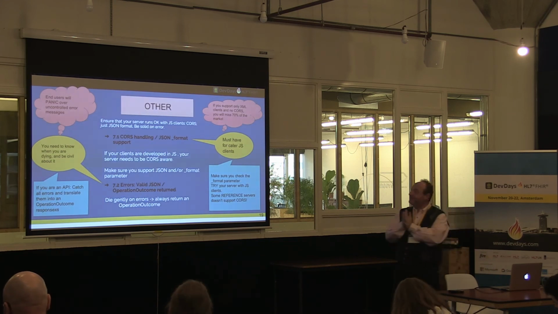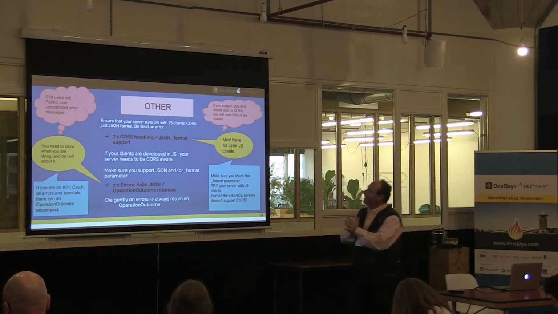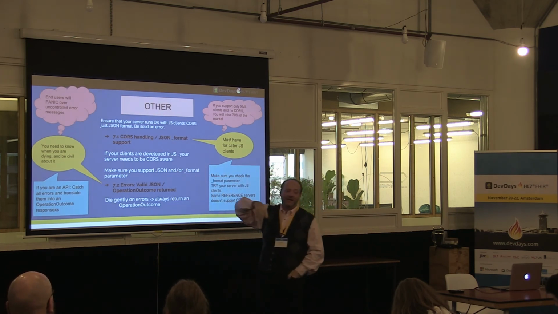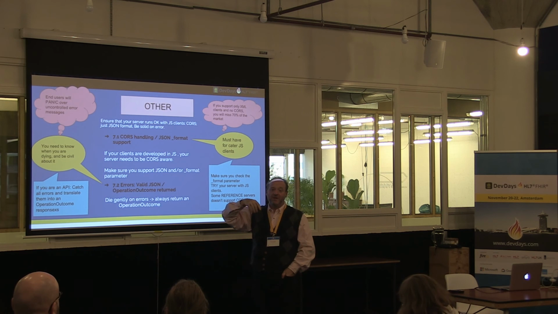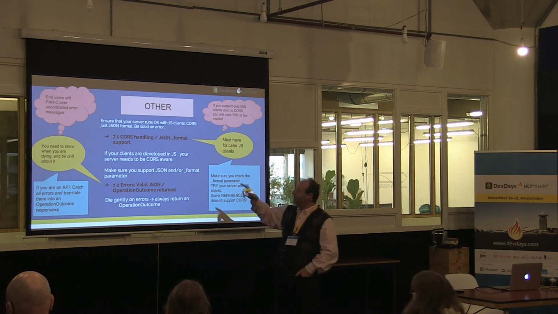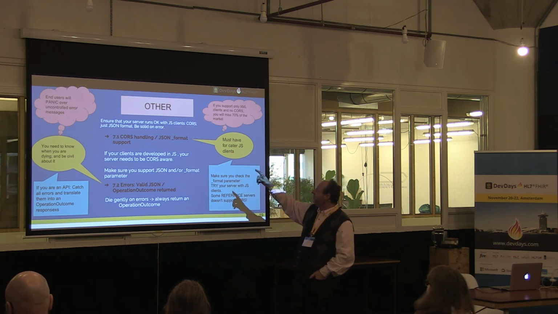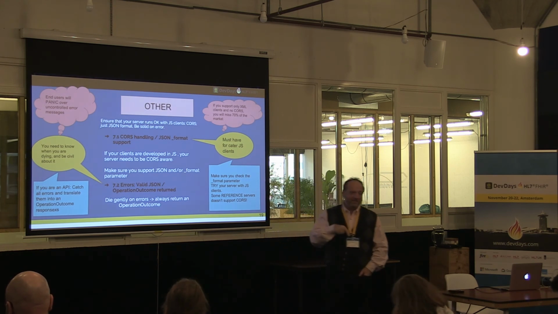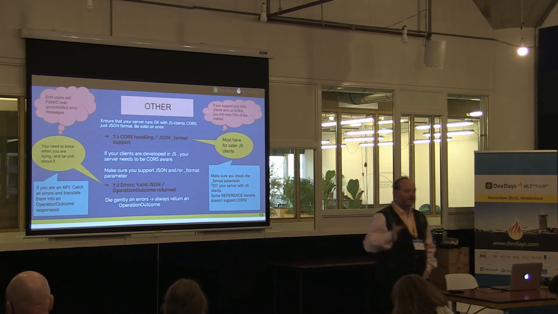And let's do the last one. You have to handle CORS, which is something in browsers that protects you from attacks on a server when creating requests. You have to support CORS, and you have to support JSON. Because some servers only support XML, that's wrong, because most developers use JSON now.